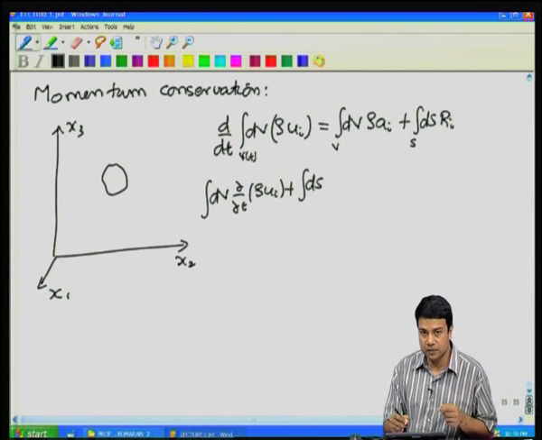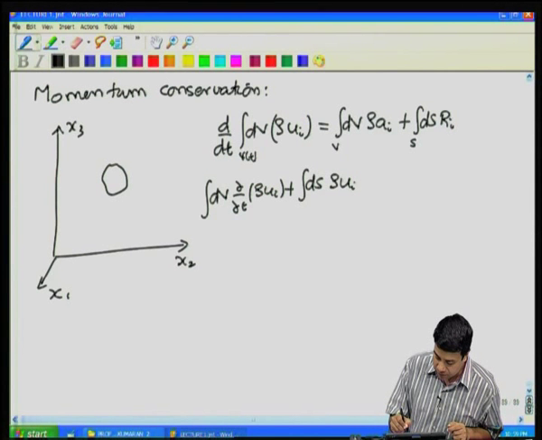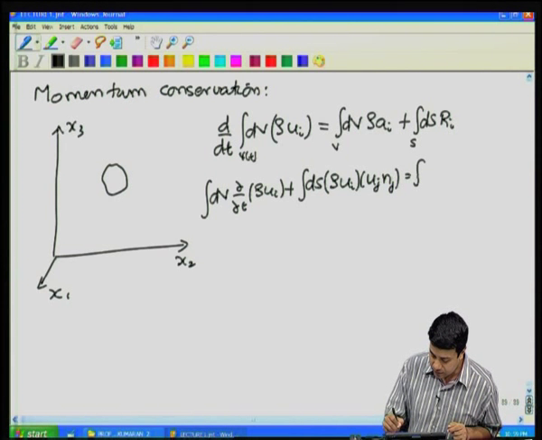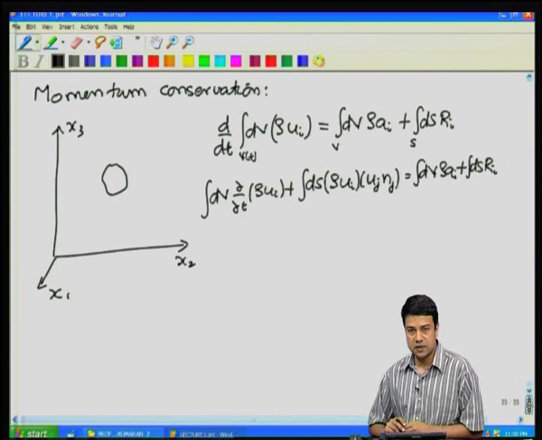Note that this is a vector momentum equation, containing 3 components. So I get the vector momentum times u dot n, u_j, where j is summed, equal to integral dV of rho a_i plus integral dS of the surface force. So that is the total momentum conservation equation.